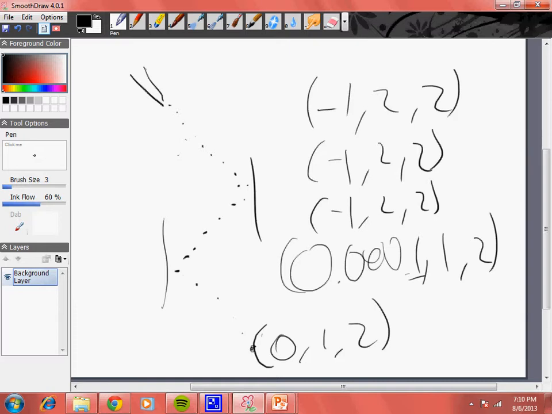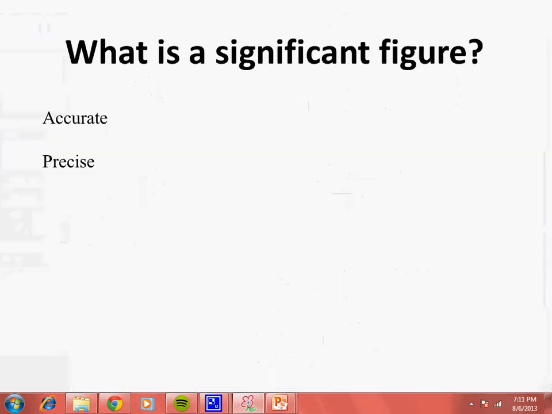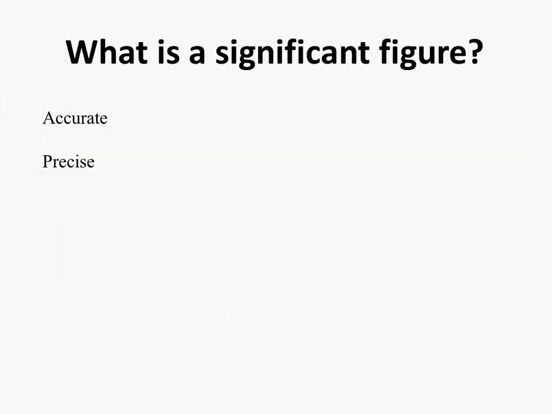Your data is pretty precise. You end up with the same error every single time when you know that your theoretical value is supposed to be this. So that is accurate, which is this one, or we can have precise, which could be something like this. Anyways, let's move on.